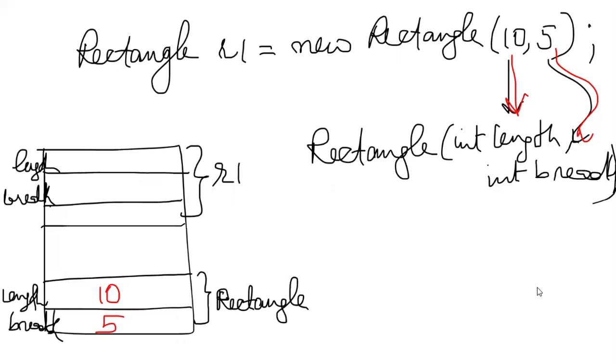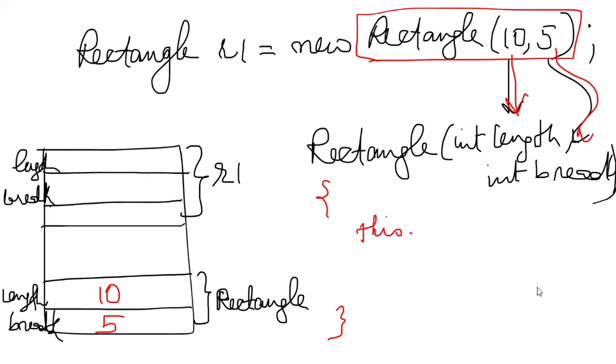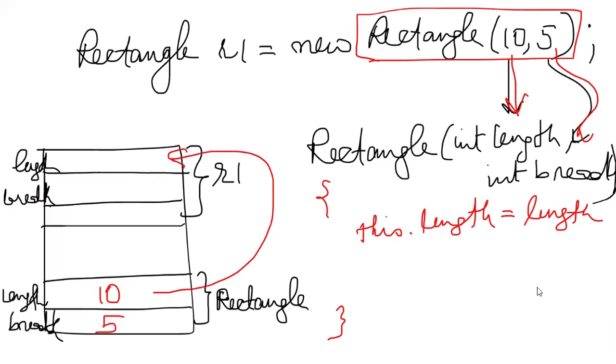Now the constructor of the rectangle class will be called. Okay, once this assignment is done, then we are calling the constructor. So in the constructor, we had written something like this. This dot length is assigned length. Okay, so what will happen? This value will be assigned to the instance variable length. So this here now refers to the object R1.